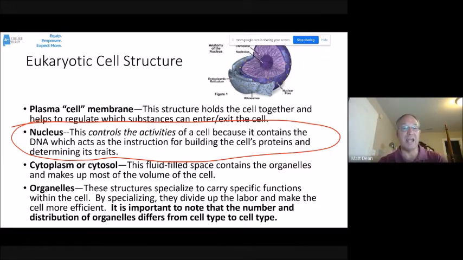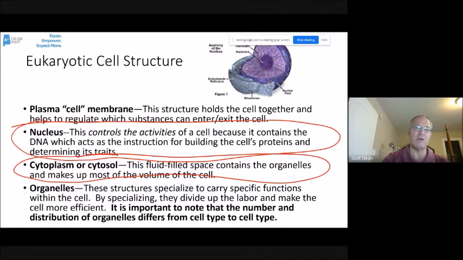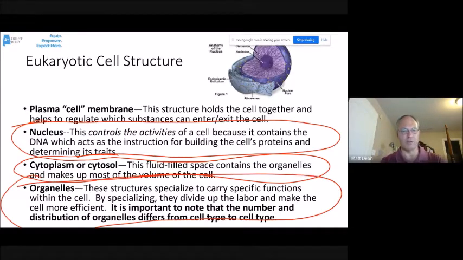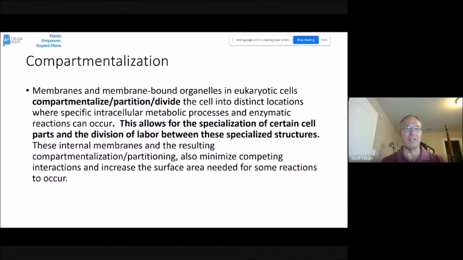Essentially, it has DNA that's surrounded by a nucleus and separated from the rest of the cell. The liquidy part of the cell is the cytoplasm or the cytosol. And then we have numerous membrane-bound organelles. And we're going to talk more about these organelles on this next slide.